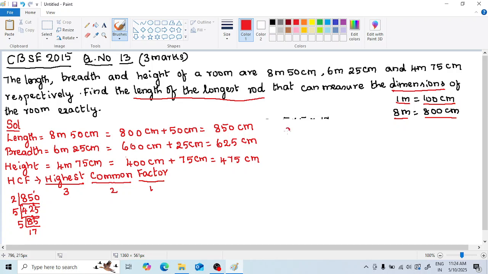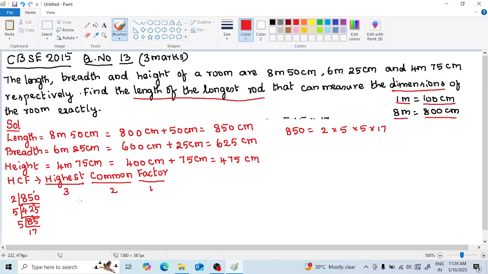Therefore 850 can be written as 2 into 5 into 5 into 17. So the product of the prime factors is 2 into 5 into 5 into 17.